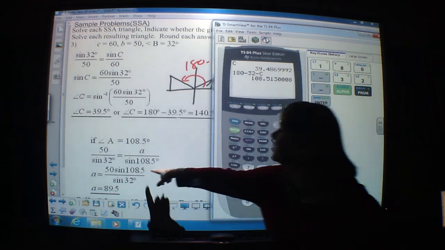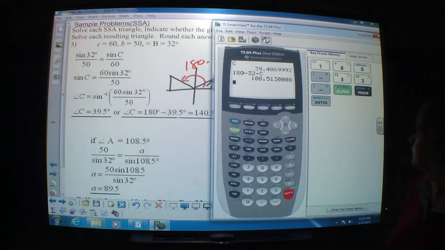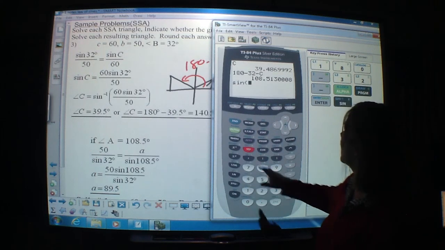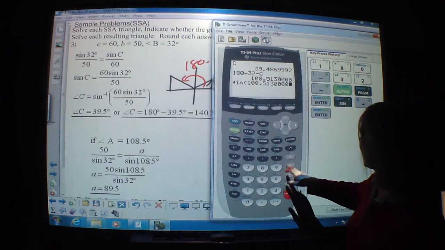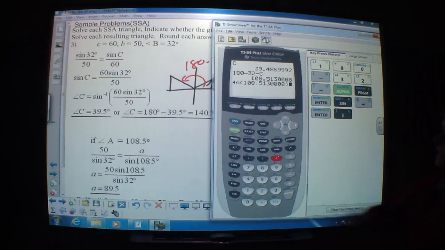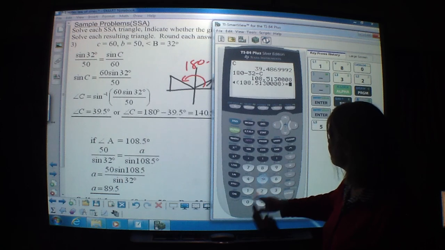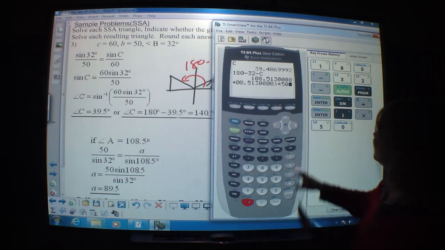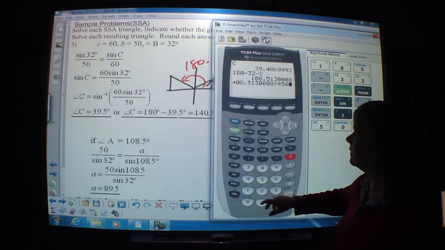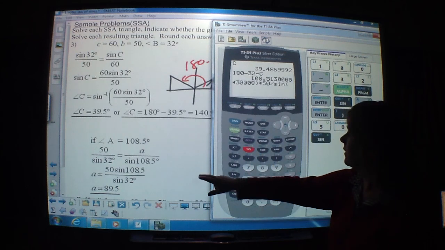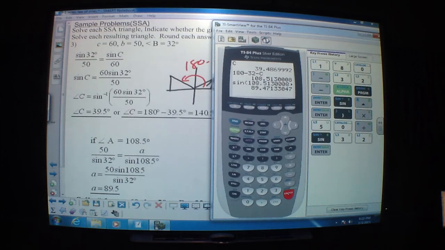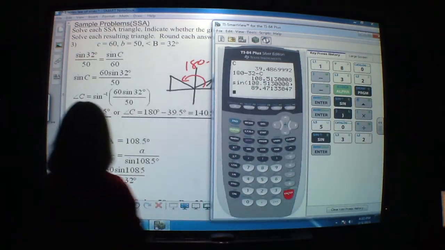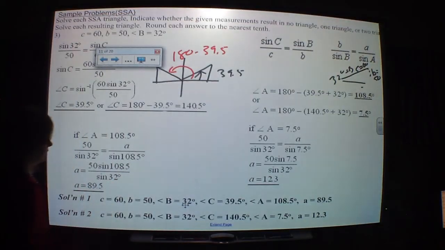So if I do sine of 108.5 and my parenthesis times 50 divided by sine of 32. There it is, 89.5. Okay, so I just did one of them here in the calculator.